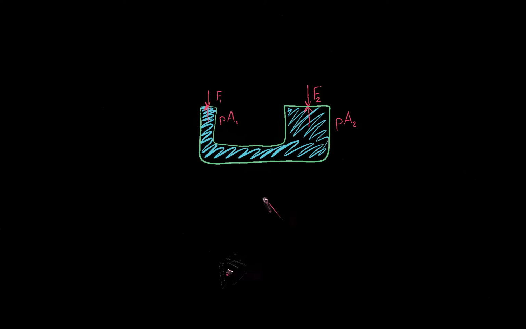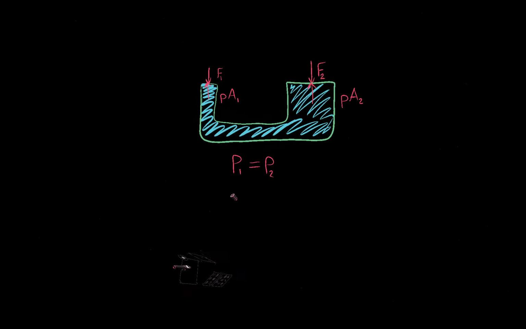And we can write it out in equation form. It basically just means P1 is equal to P2. Right? This being P1, that being P2, they're the same. And so if that's the same and pressure is force per area, so F1 over A1 is equal to F2 over A2.